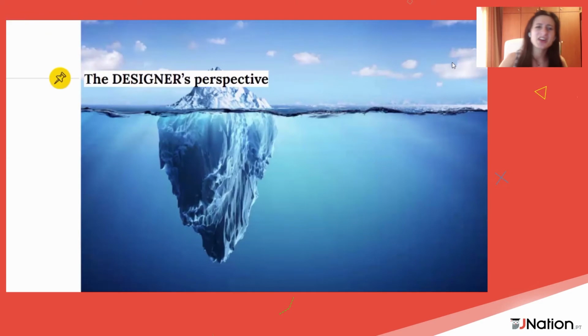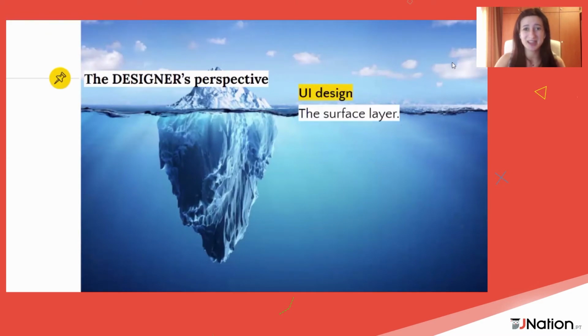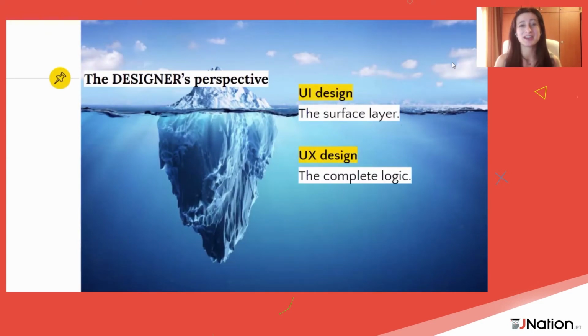On the other hand, from the designer's perspective, I will start with an analogy. Imagine this big iceberg. The only thing that you'll see is only the tip of that iceberg. This is the UI, but it's not only that. Underneath that big tip is also something like a big mountain, and it's also the water that holds everything together.